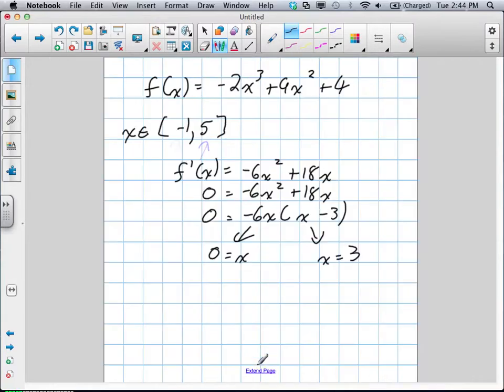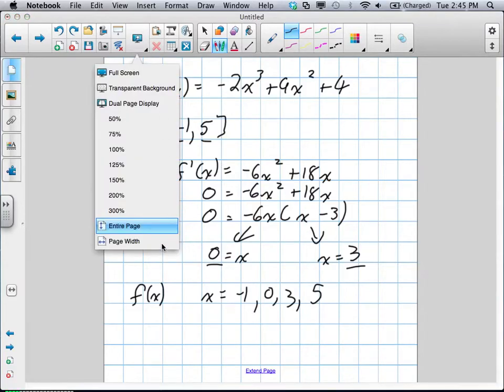So we have to take the original equation, f of x, and solve for when x is equal to the starting point, negative 1, the ending point, which is 5, and I'll put some space in there because I want to be in order, one of the turning points, which is 0, and the other turning point, which is 3. We have to solve f of x for all these points and find out what the max is and what the min is, which will be the highest point and which will be the lowest point.